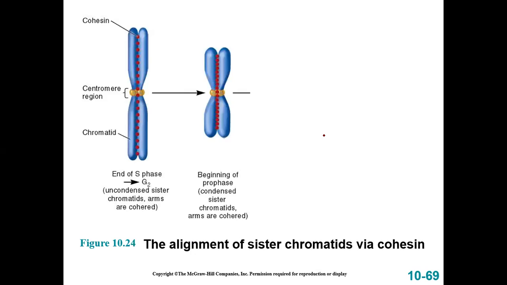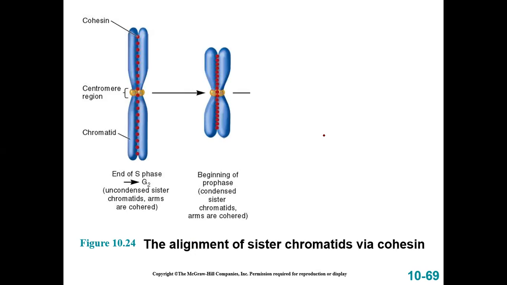Alignment of the sister chromatids through cohesin: at the end of the S phase and G2, uncondensed sister chromatid arms are cohered. During the beginning of the prophase, condensed sister chromatid arms are cohered.